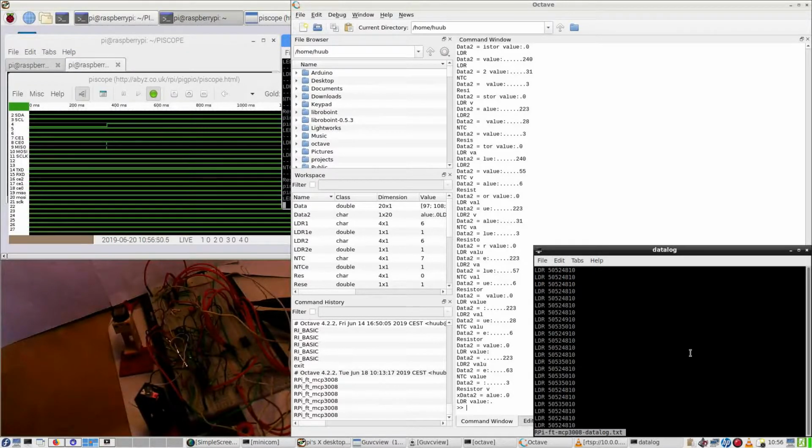What does it do? Go to the end. And now the best thing is, of course, going all the way up. Does it see an NTC? No. Does it see a resistor? No. So this is very strange. And apart from that, of course, still the wrong values.